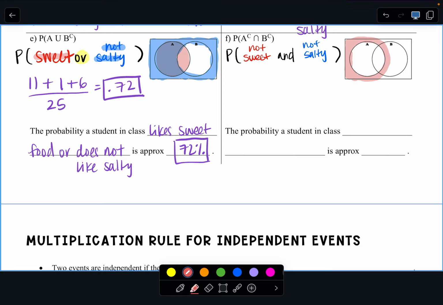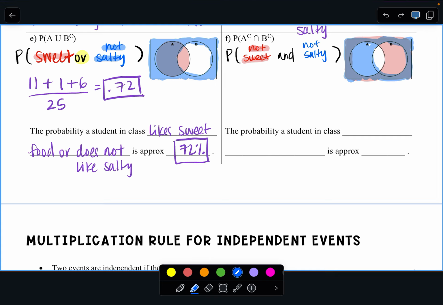This is everything outside of circle A. So that is satisfying the not sweet. This is everything outside, everything outside of circle B. And that is taking care of everything out here.